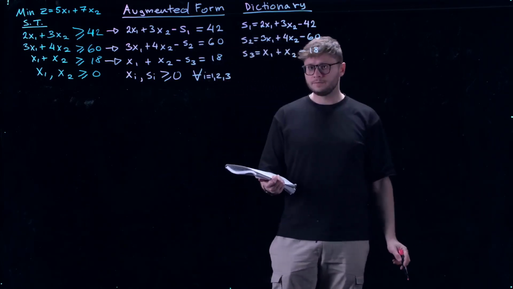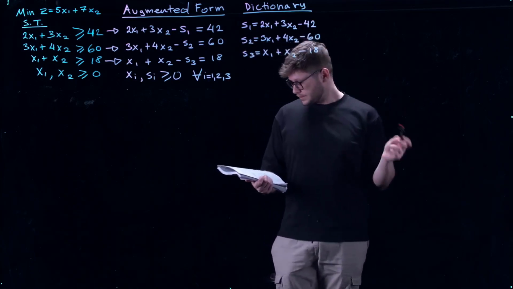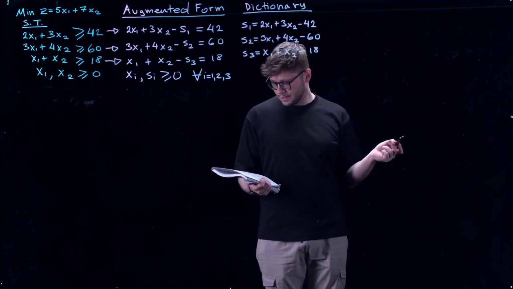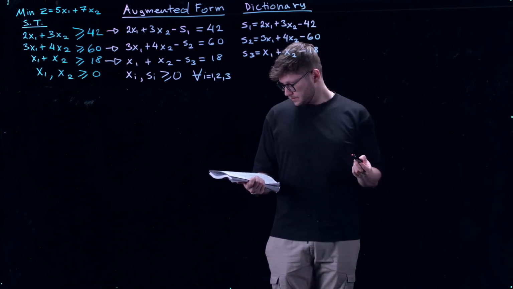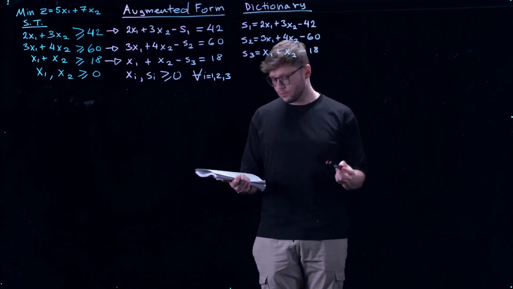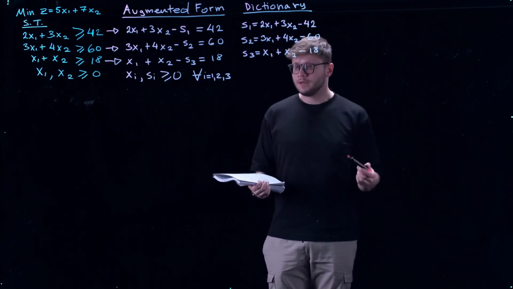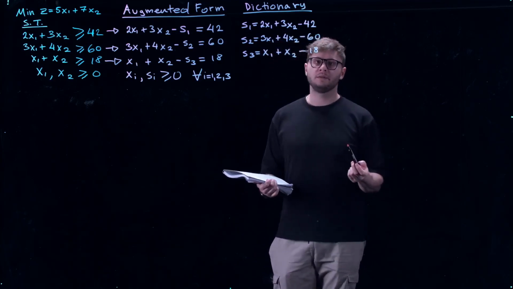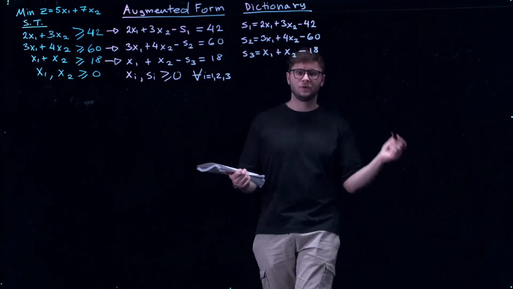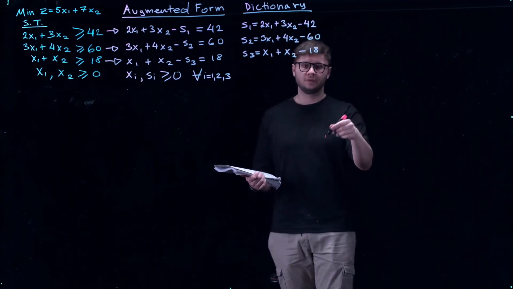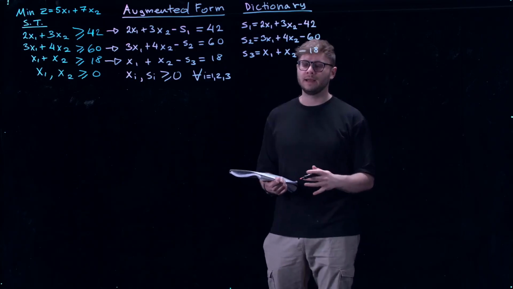So now that we have our dictionary, we can start our first iteration by picking an entering variable and solving for it and figuring out what its minimum value is going to be, and so on. Remember, the simplex method basically takes out all of the variables, equates them to 0, and starts re-entering them back into the model and checking what values they can take on without violating constraints.